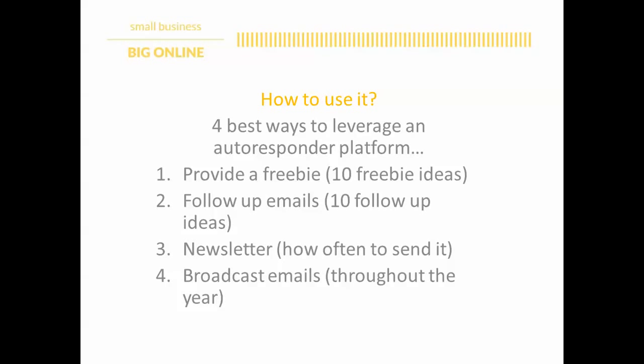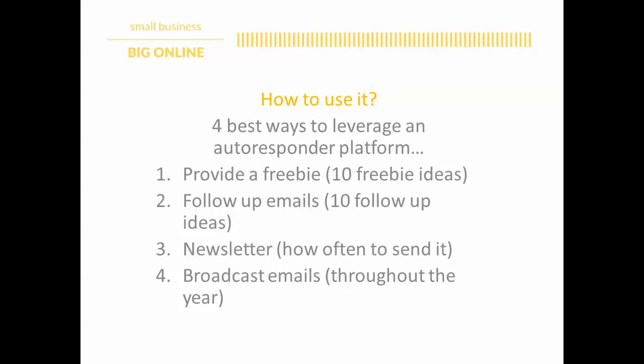Okay, so let's have a recap of how you can best leverage this autoresponder platform. The 4 best ways. In the task sheets below, I have a few bonus sheets. There's a downloadable sheet that shows you how you can create your freebie offers. I've got 10 freebie ideas just to get your mind thinking about what it is that you're going to offer.